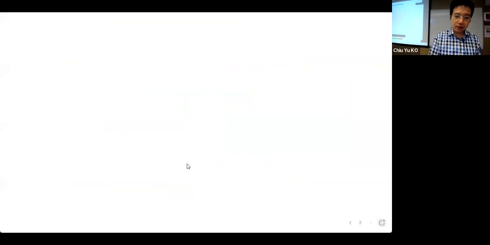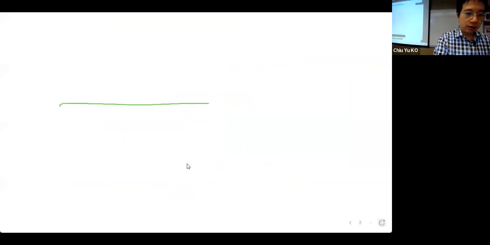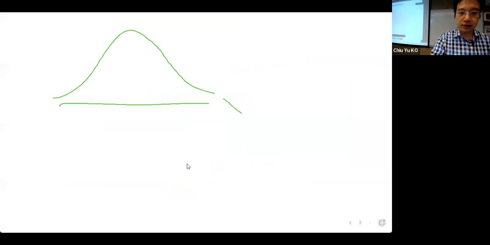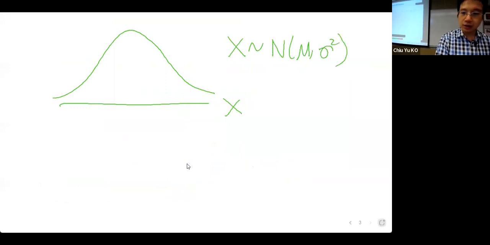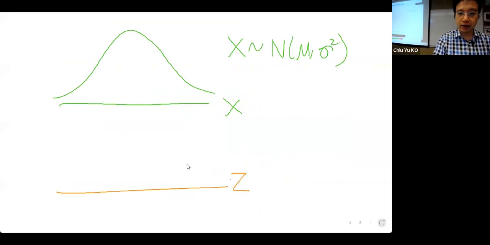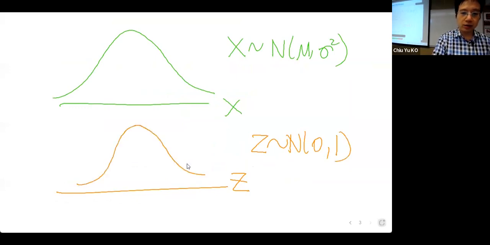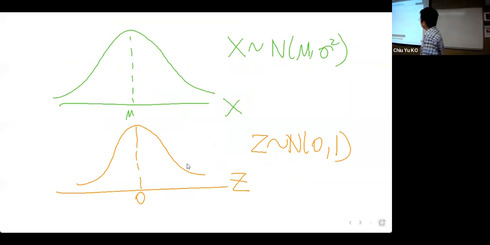I have an X, and X follows normal mu sigma square, any normal you can imagine. But now we have a Z, and Z is normal 0, 1, and looks like this, with the mean here at 0, and the mean here at mu.